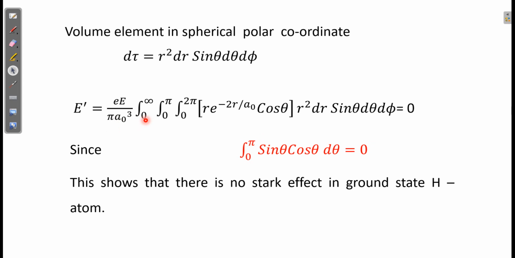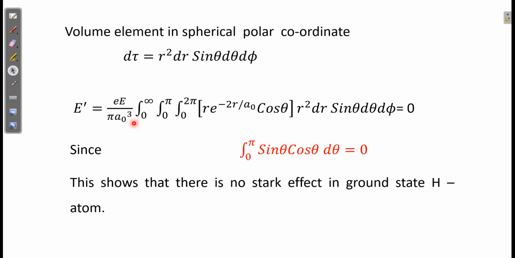And the limits are r from 0 to infinity, theta from 0 to pi, and phi from 0 to 2 pi. These are the variations of the angles in spherical polar coordinates: phi from 0 to 2 pi, theta from 0 to pi, and r from 0 to infinity.